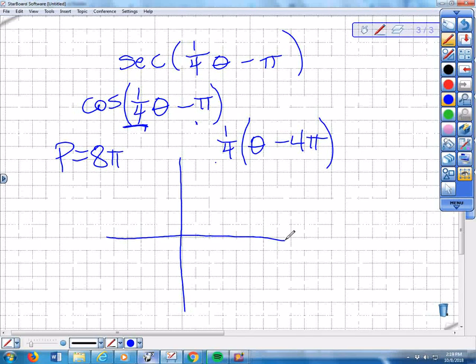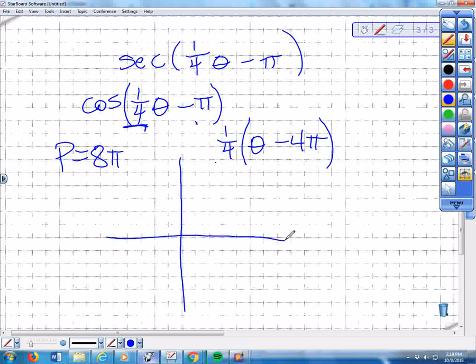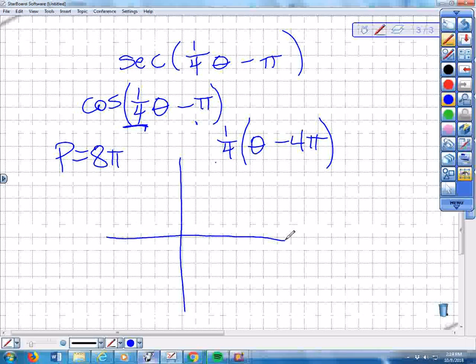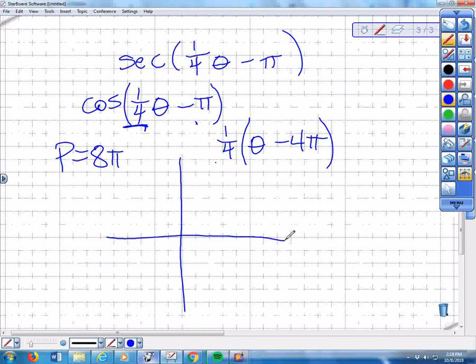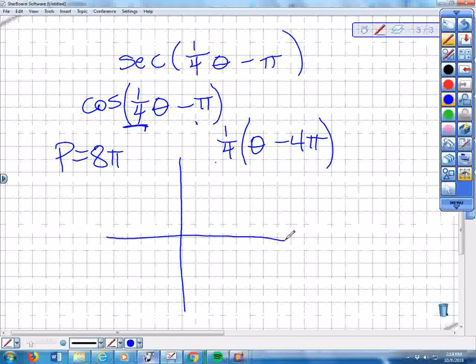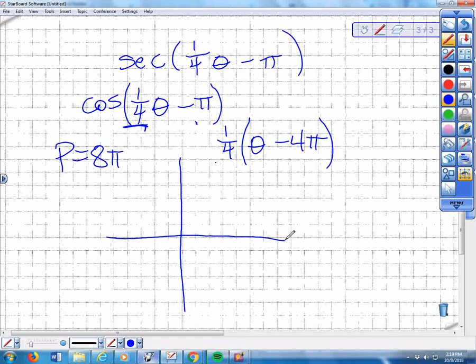Well, do I care if it's 4 pi? No, because if I take, well, do I? The period's 8 pi, so it's still even. 4 pi is going to be 1/4 of that period. Well, let's just do it real quick.